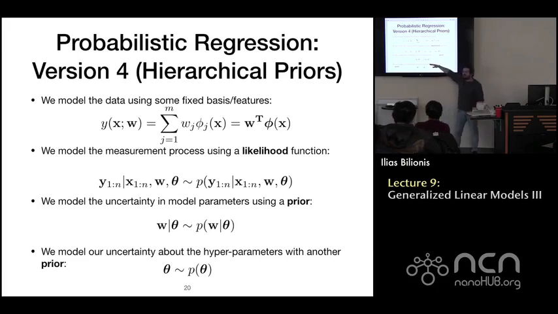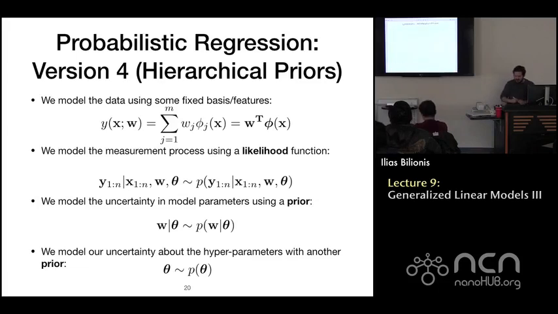And the other thing I'm doing is putting a prior on these parameters. So now I'm going to say, well, this sigma has to be something positive. So let me give it a probability density on the positive real numbers. That alpha, the precision of the weights, has to be something positive. So let me also give it a prior probability on the real numbers.